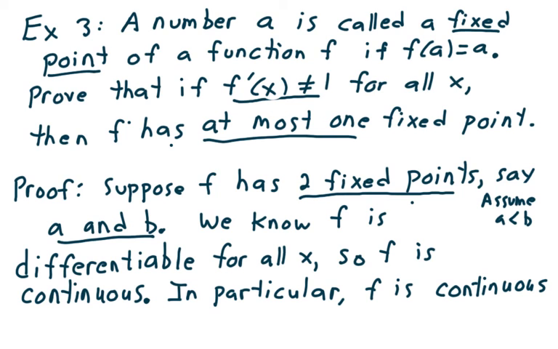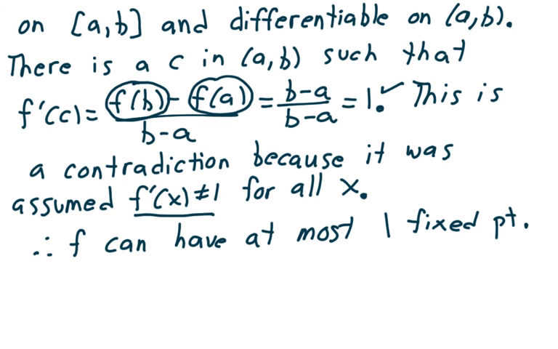And in particular, f is continuous on the closed interval from A to B and differentiable on the open interval from A to B. And the mean value theorem states that there is a C in (A, B) such that f prime of C is f of B minus f of A over B minus A. So it's a slope. And f of B is B, f of A is A, so you get B minus A over B minus A, which is 1. And that contradicts the fact that f prime of x is not 1 for all x. So you can only have at most one fixed point. And when I say at most 1, that could be 1 or that could be none.